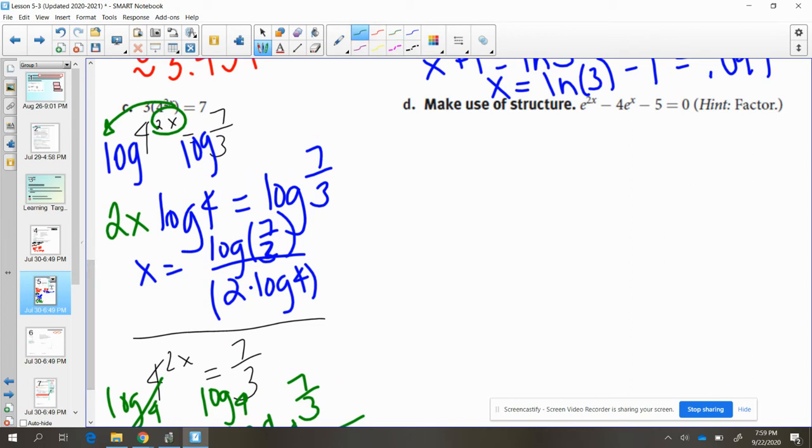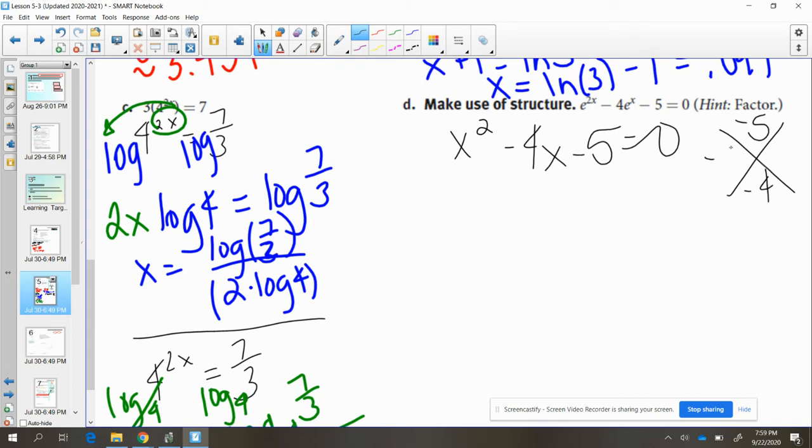All right, last but not least, what we see here is a factoring component. So I'm going to rewrite this and say, imagine that we had x squared minus 4x minus 5. Well, what we would do is factor: what multiplies to be -5 and adds to be -4? -5 and +1.